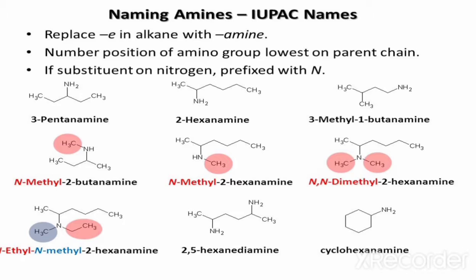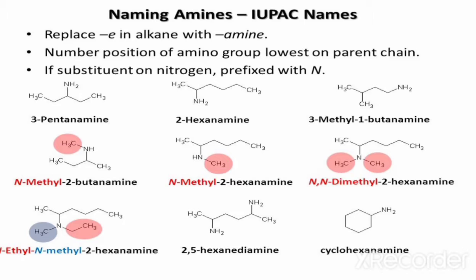In the next example, there is a 6 carbon chain, and on the second carbon we have to give the lowest number to the amino group, and it is 2-hexaneamine.